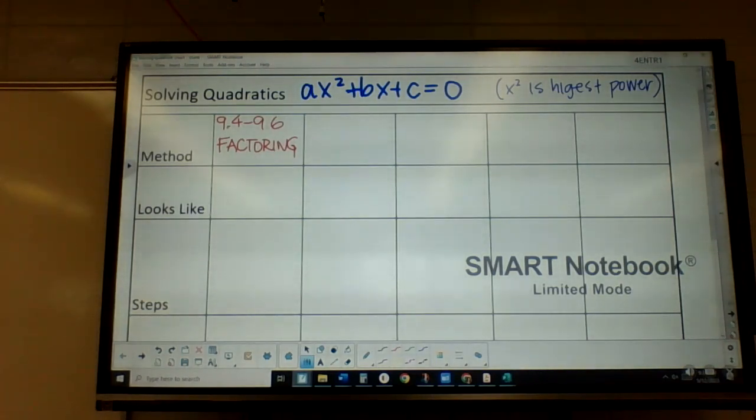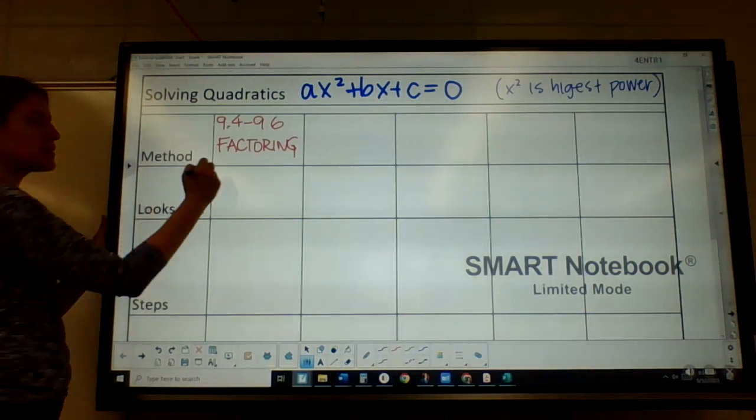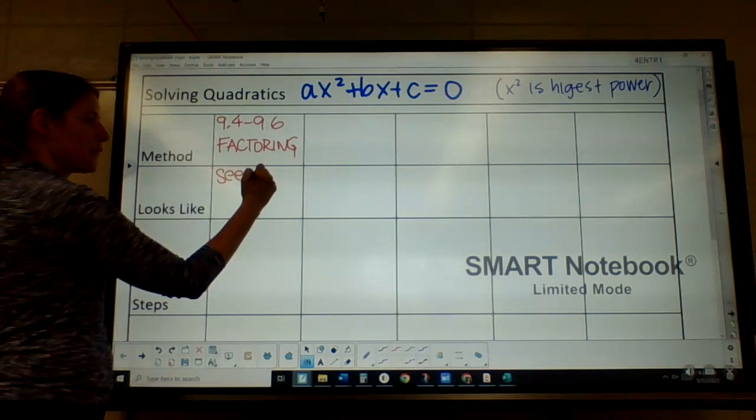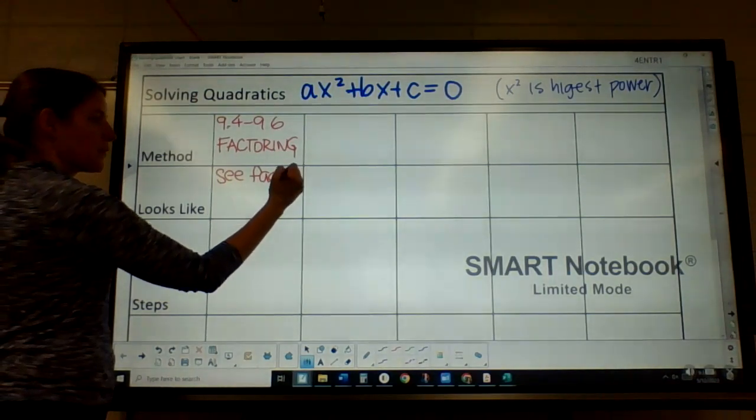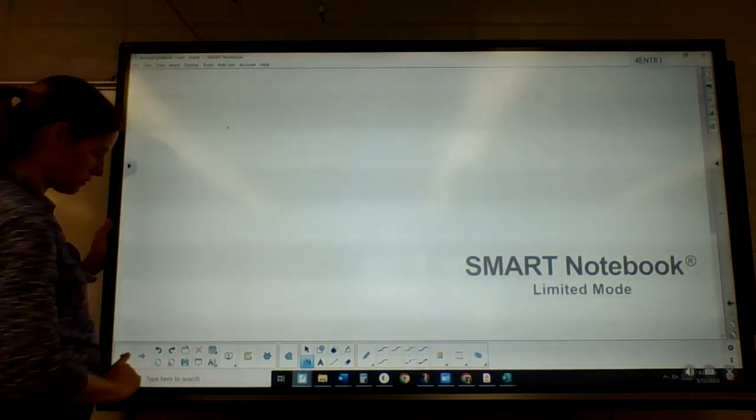Like we did with our factoring chart, this chart would pair really nicely with that. I'm going to remind you to see the factoring chart for the different types.